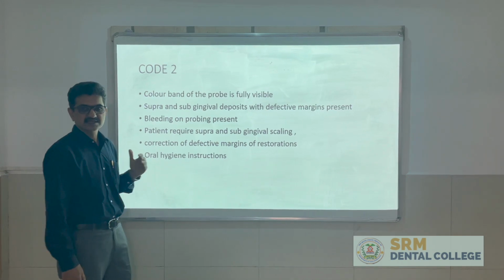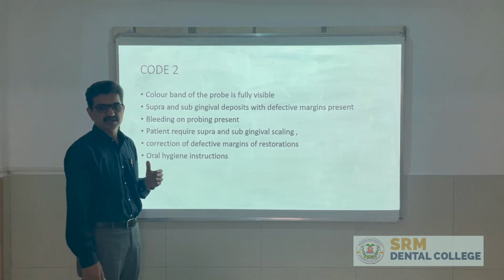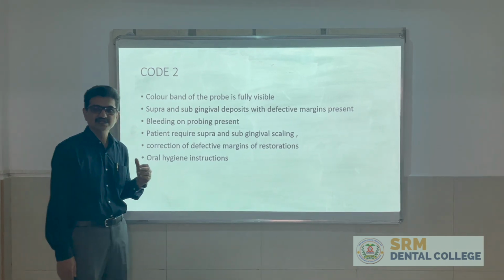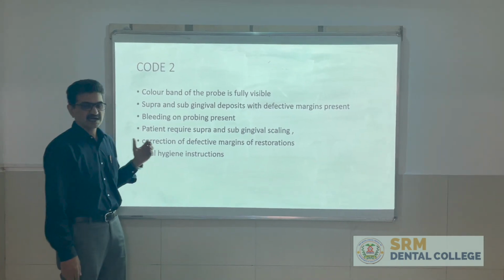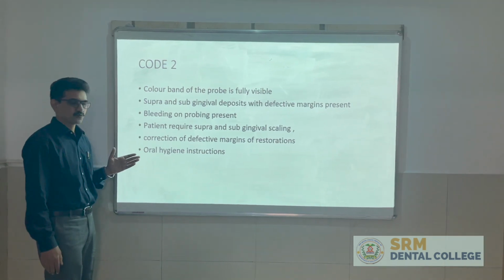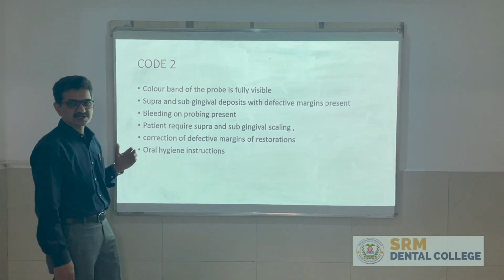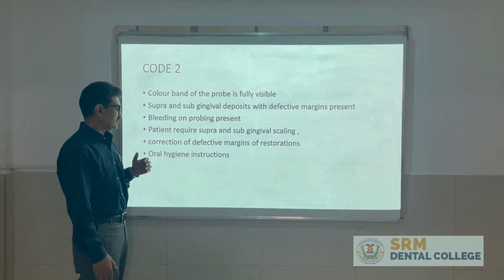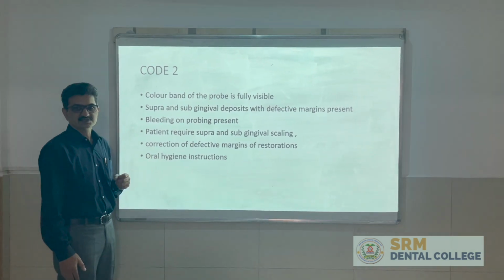In code 2, again the color band is fully visible, and there are supra and subgingival deposits along with defective margins, and there is bleeding on probing. The patient requires supra and subgingival scaling and oral hygiene instructions.